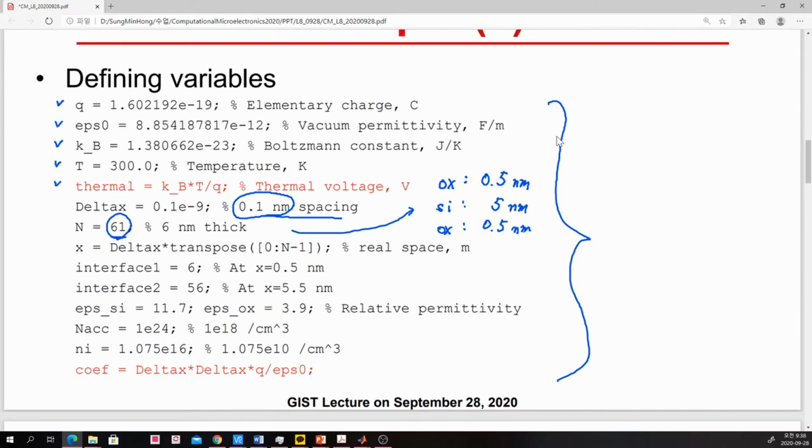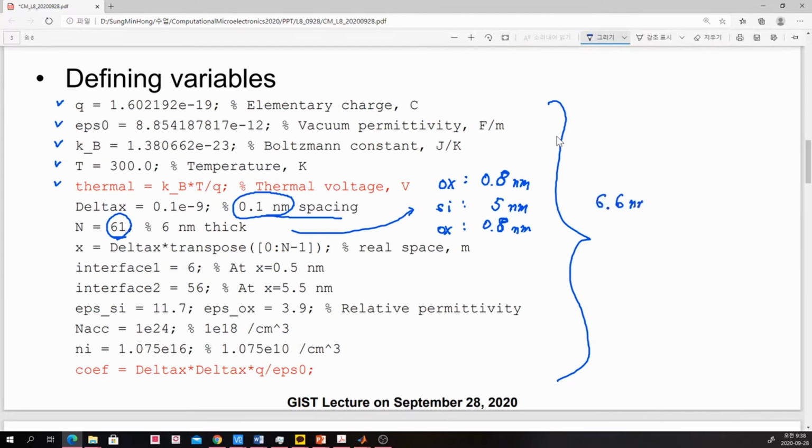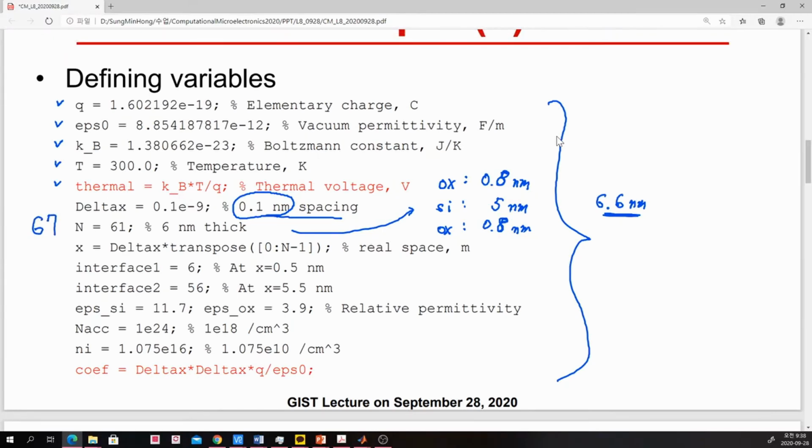And if we have, for example, 0.8 and 0.8, then eventually we will have a 6.6 nanometer thick structure. So by assuming delta x is kept as before, we have to have large N equal to 67.